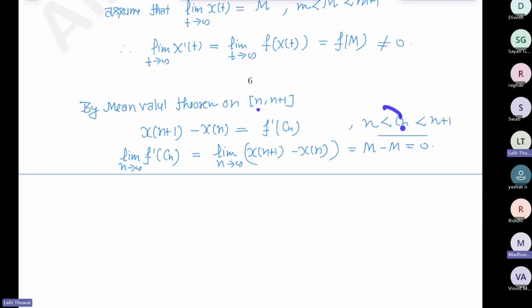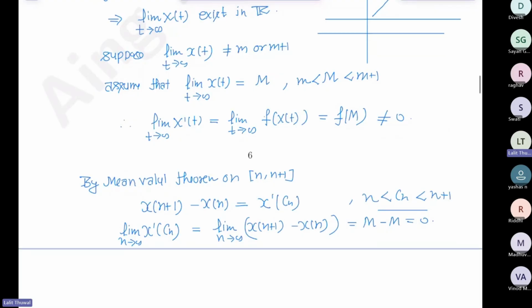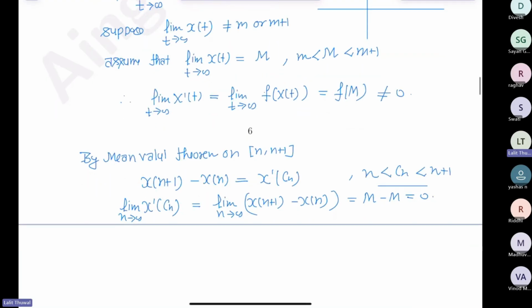No, I'm saying it's f of c and not f dash of c, because x dash is equal to f. Oh, sorry. Yeah, actually it is x dash. Yeah, thank you. So you are right. Thanks for correcting me. Divesh, you wanted to point out the same thing?